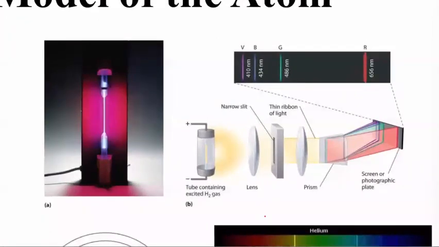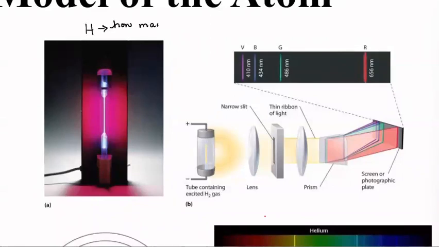Niels Bohr was doing an experiment in which he utilized a tube that contained hydrogen gas. At this time, he is dealing with a molecule that is sharing electrons because it's hydrogen gas, but he is studying specifically hydrogen.